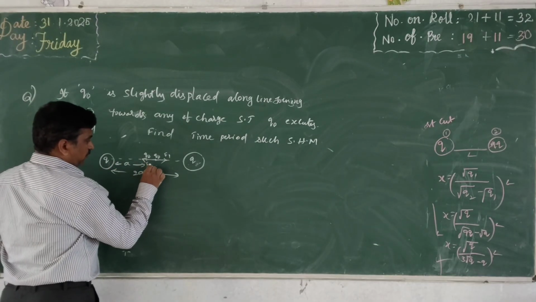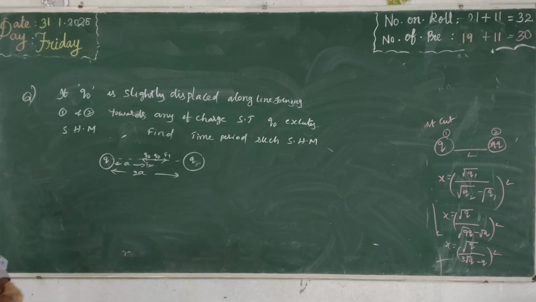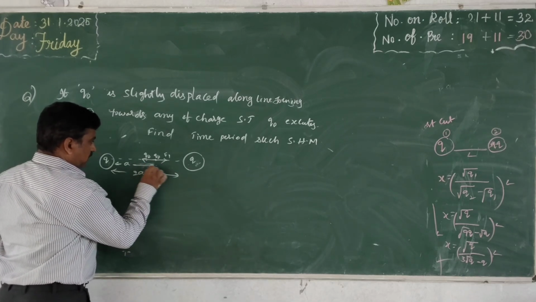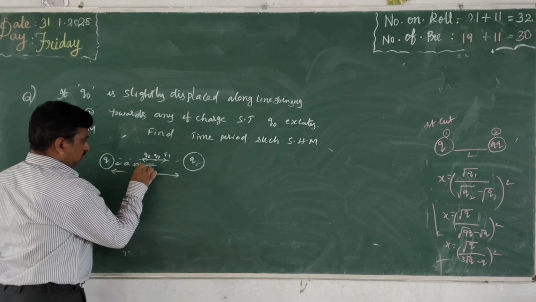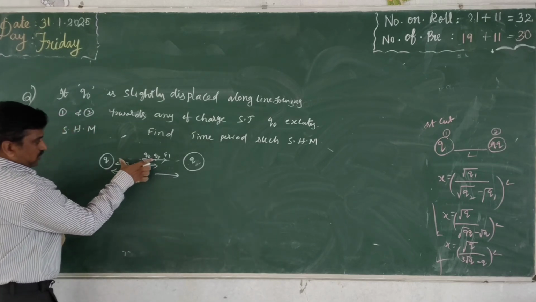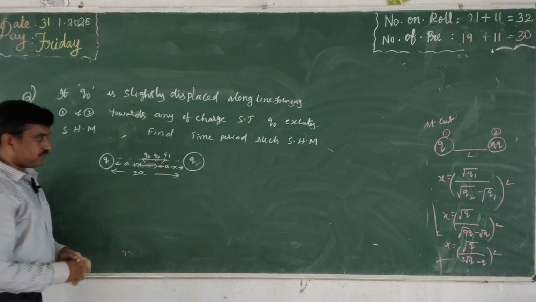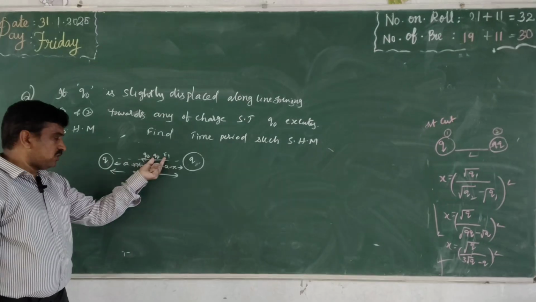Which one is greater now? Here, the smaller distance. This is a plus x distance. Now from here to here, this is the position, so from here to here, a minus x distance. What is the net force on this q naught now?